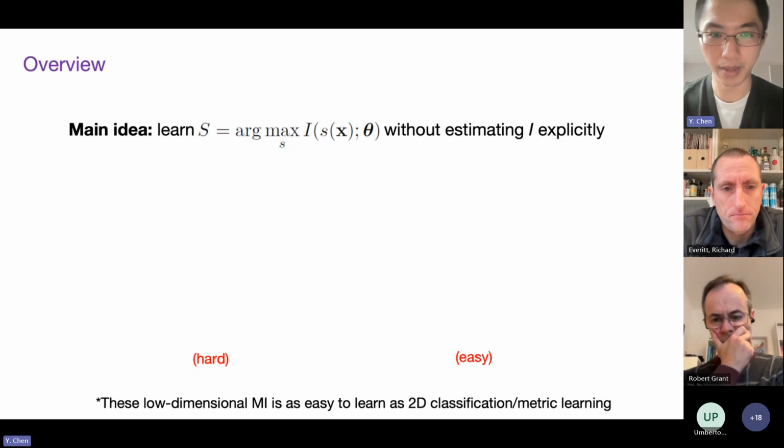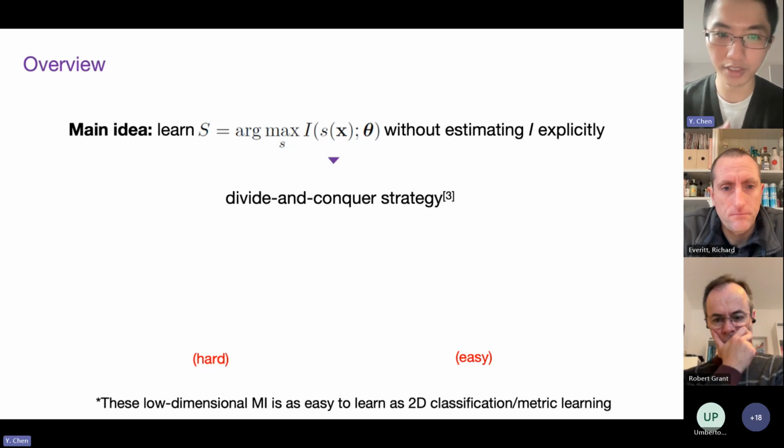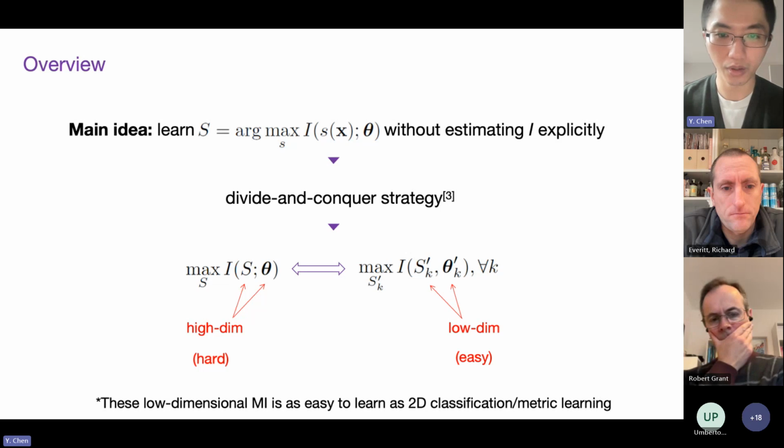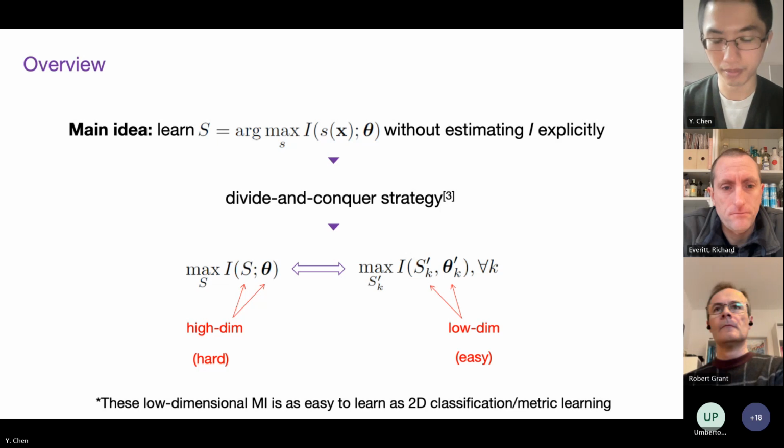Our solution is that we can learn this inference representation without estimating mutual information explicitly. We do this by a divide and conquer strategy, where we decouple the original challenging high-dimensional mutual information estimation problem into a set of low-dimensional mutual information estimation problems.